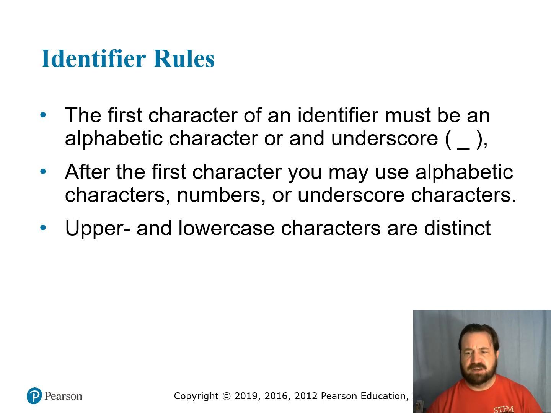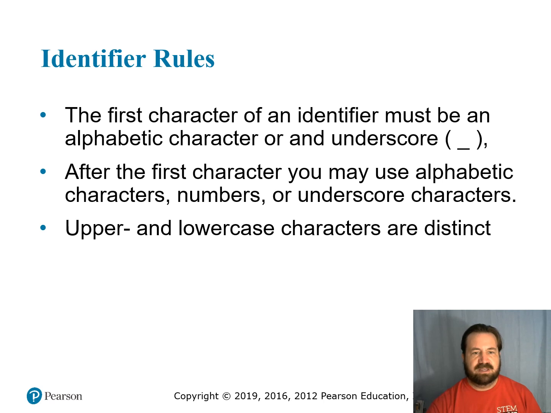By convention, underscores are not usually used as the beginning of variable names, except in some very special cases that we're not going to discuss here. After the first character, you may use alphabetic characters, numbers, or underscores. People often use underscores in replacement for spaces.